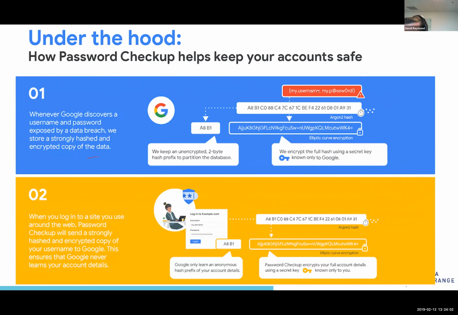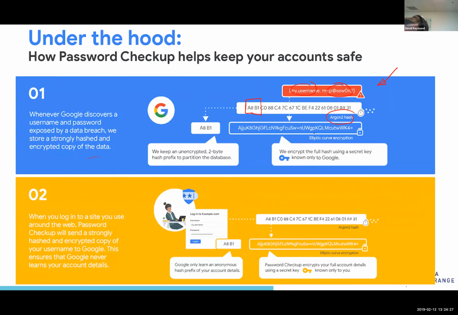So anytime they know of a password dump on the dark web, for example, they'll mine that and collect all credentials, usernames and passwords. So this isn't just Gmail addresses, this is any username password combination. They'll hash it using this Argon2 hash, and then keep the first couple of bytes of this, just so that they can index into their database.